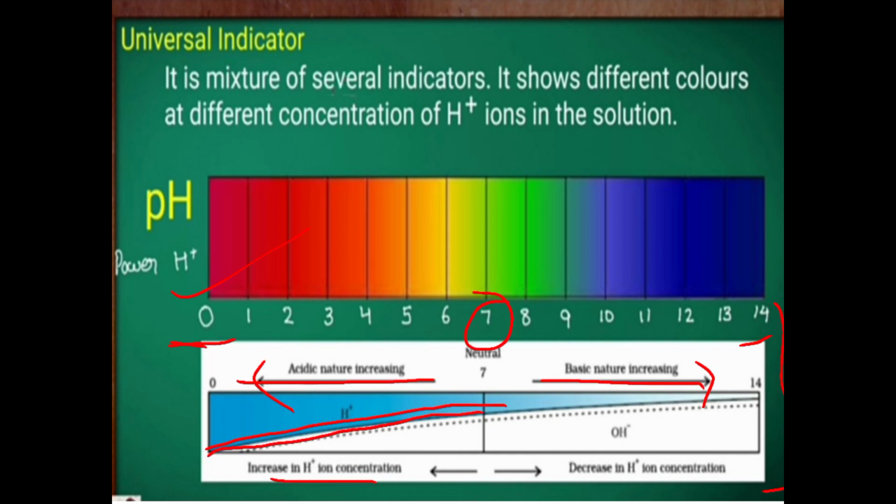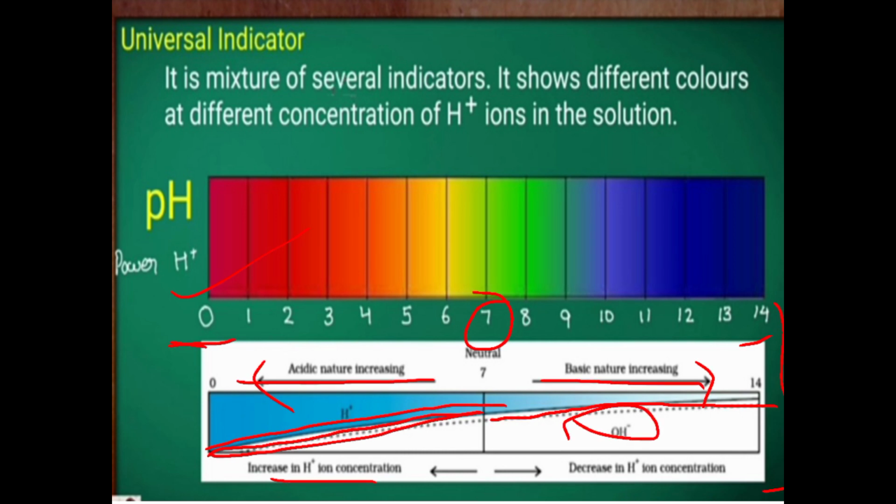From 1 to 7 it gives us the acidic pH. Here the pH is less and the H plus ion concentration is more. As we go further after 7, the H plus ion concentration decreases, meaning there is more OH minus ion concentration.